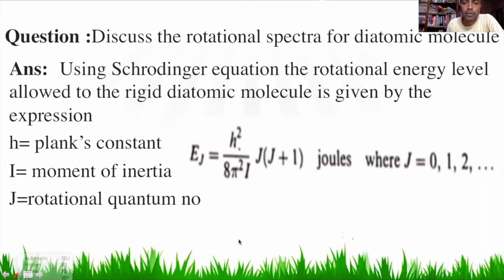If I draw one line here for J equal to 0, then the next one will be J equal to 1, and accordingly it continues up to infinity, infinite numbers of lines. So this is the way. You have to remember these equations for further discussions of microwave spectra.